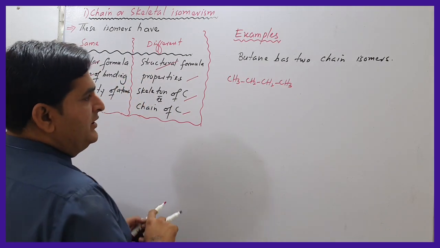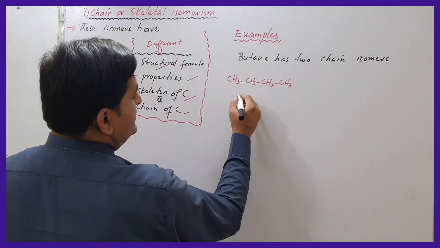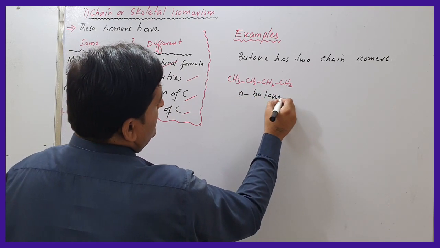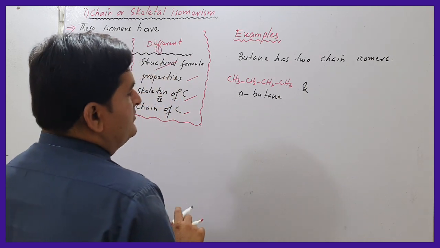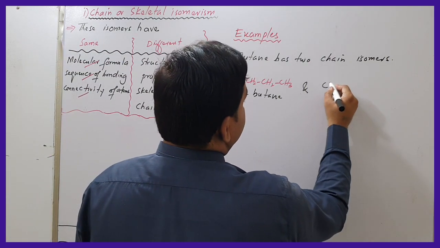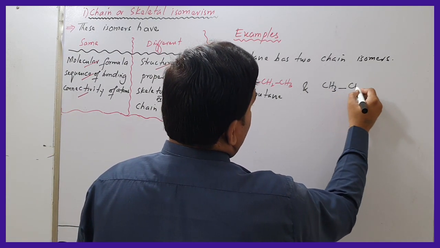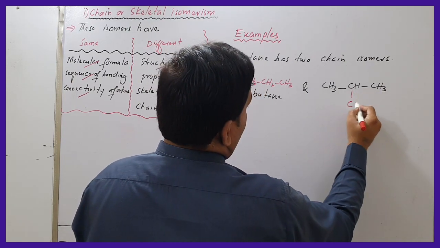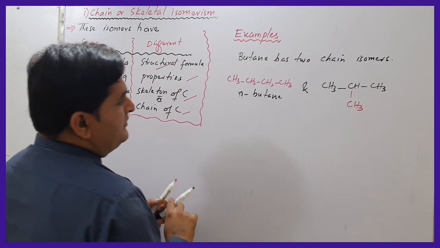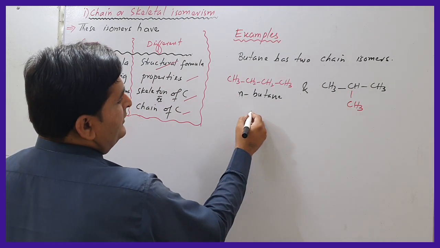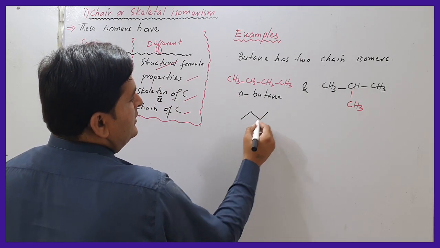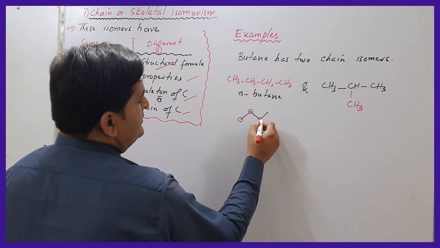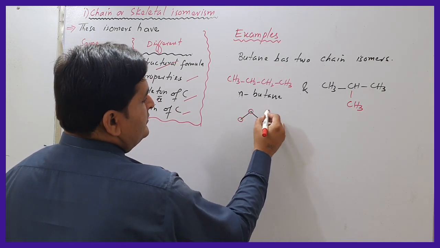This is n-butane, butane having a straight chain structure, and its other isomer is isobutane, CH3, CH, CH3. The difference is the skeleton of carbon atoms. For example, if we draw its skeletal formula, this is the first carbon, this is the second carbon, this is the third carbon, this is the fourth carbon.